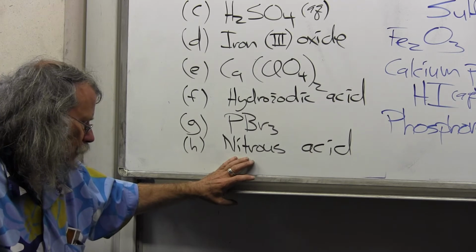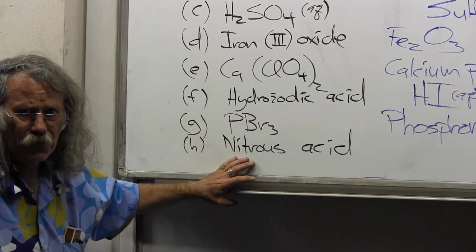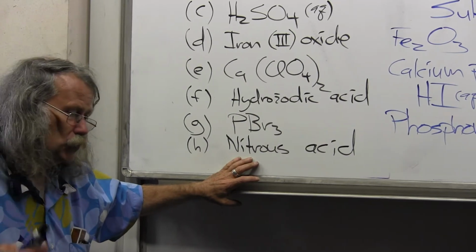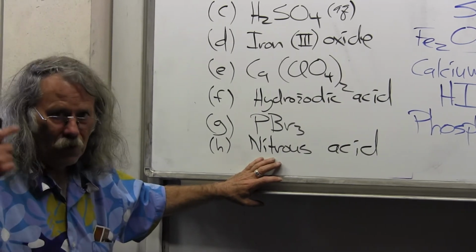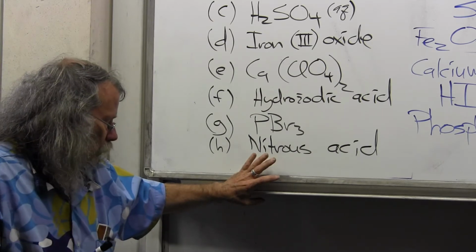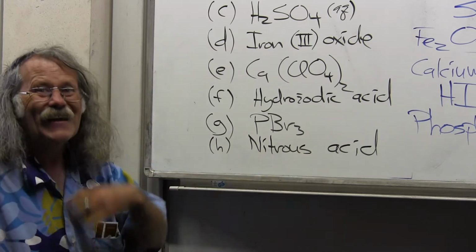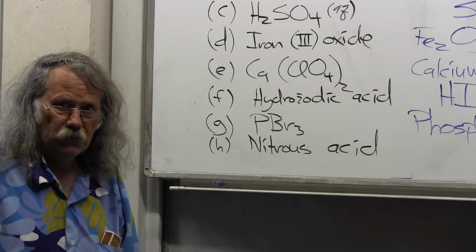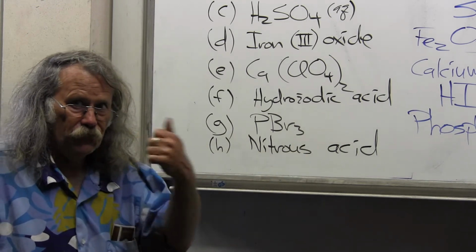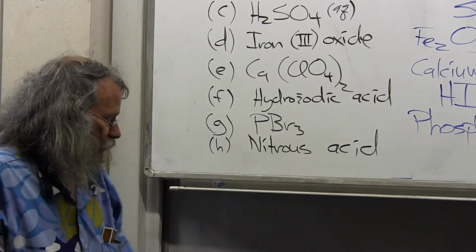Nitrogen, there are 2 possible oxyanions that occur with nitrogen. There's NO2 minus and NO3 minus. And so the one with the fewer is given the "ite" suffix when I'm talking about the salt, the ion. When it's in acid, it's given the "us" suffix.